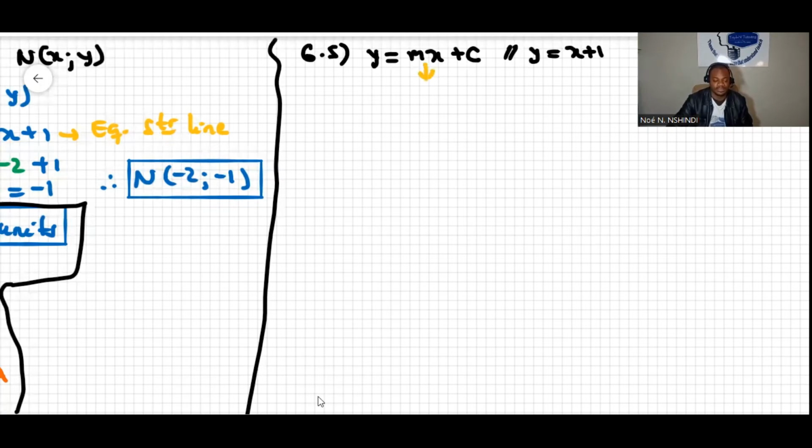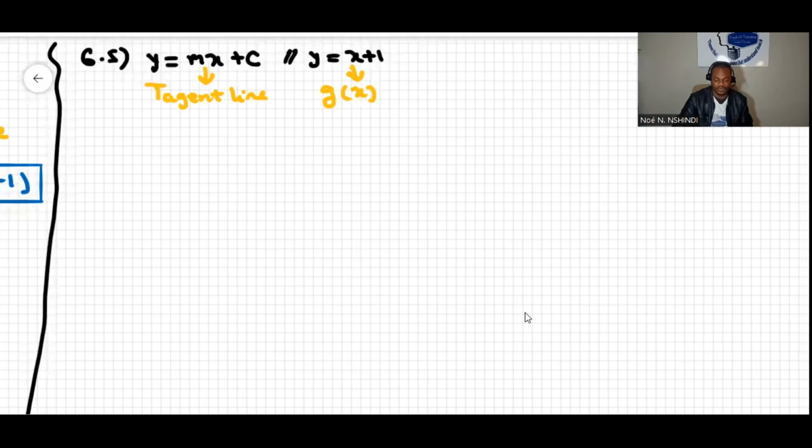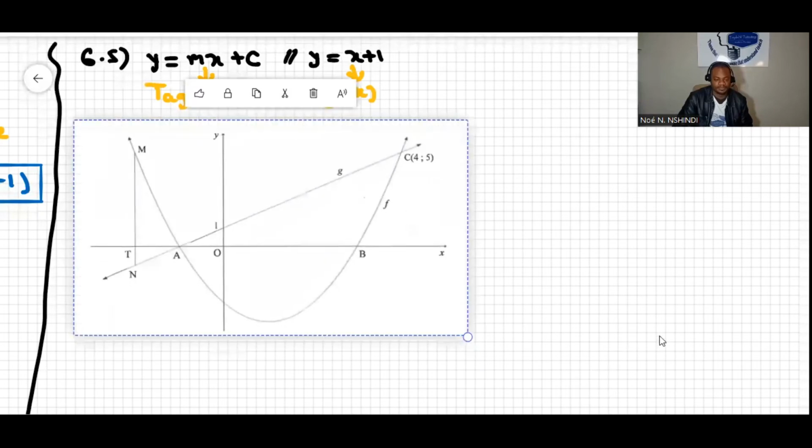This is the tangent line, and then that is the straight line, the given, let's call it g of x. For the sake of clarity, I prefer to represent the same diagram over here also. Let's see this diagram.